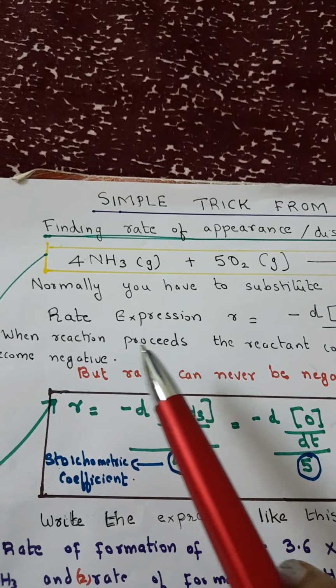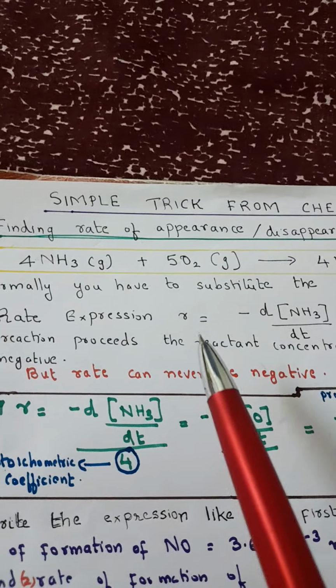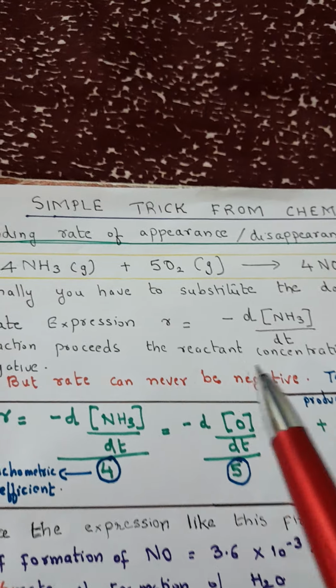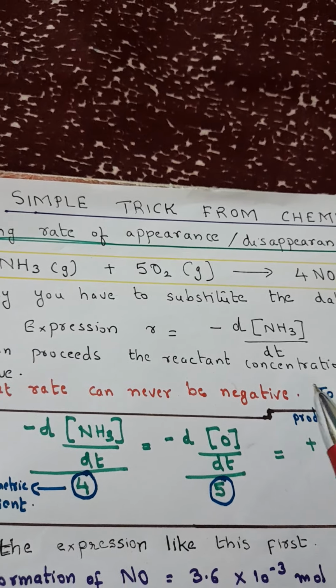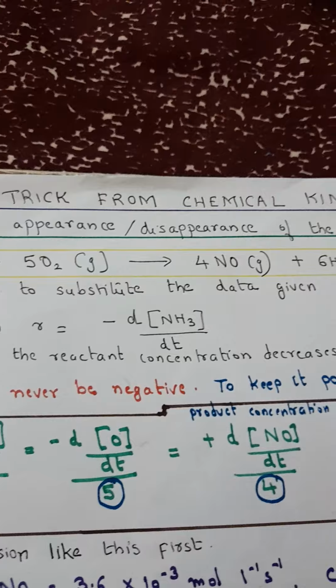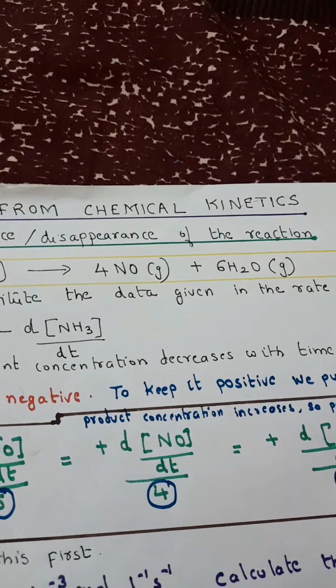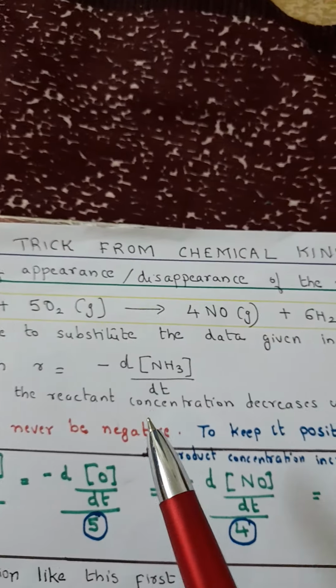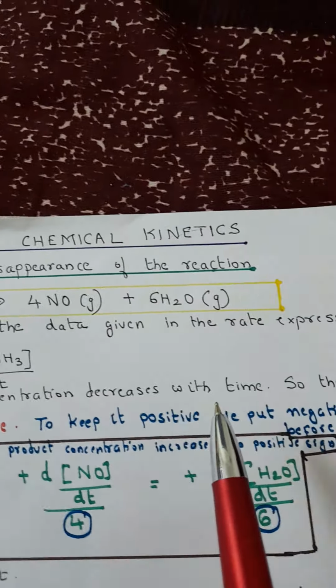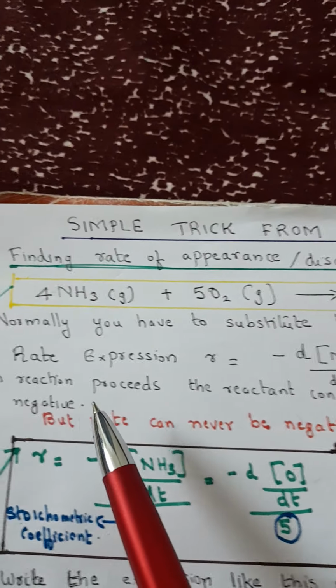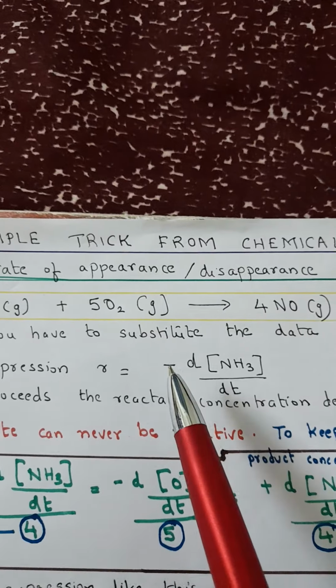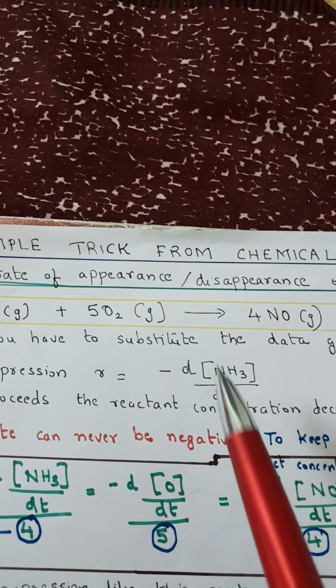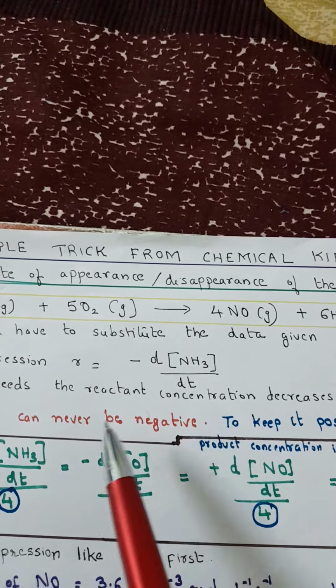Whenever a reaction proceeds, the reactants get used up, so the concentration of the reactant will decrease with respect to time. So the terms normally become negative, and that is why you can see a negative sign given here.